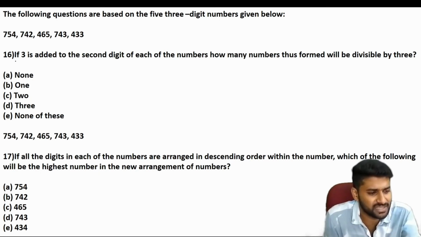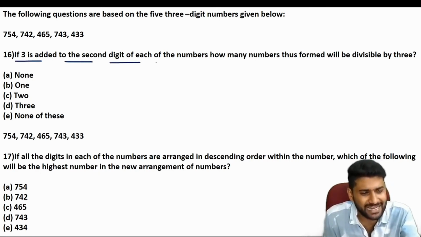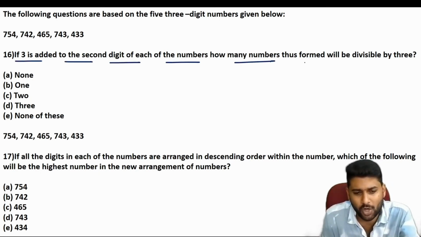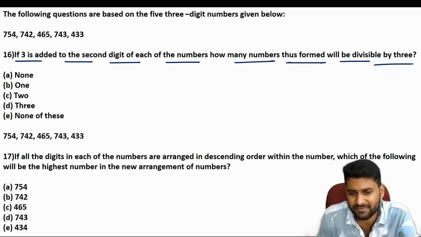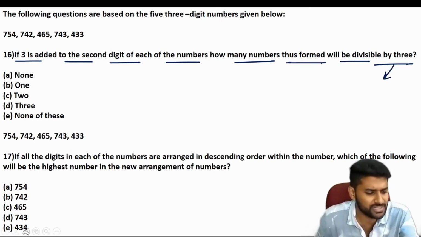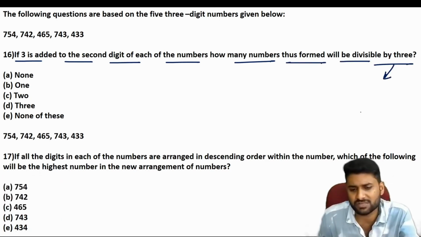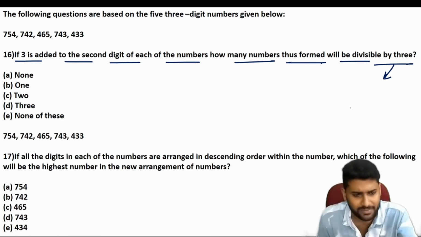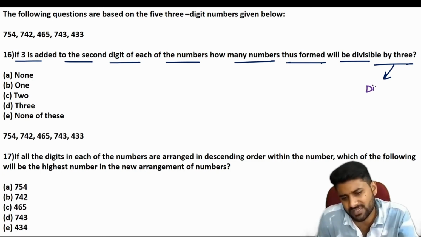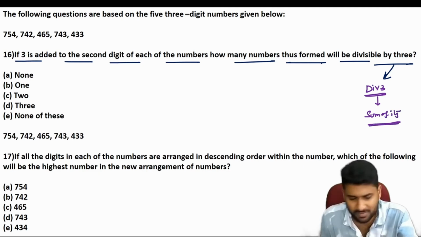The question says that if 3 is added to the second digit of each and every number, then how many numbers thus formed will be divisible by 3? So this question needs you to know the divisibility property of 3, then you can save your time in the calculation. So what is the divisibility property of 3? Sum of its digits. If the sum of its digits is divisible by 3, then the entire number is divisible by 3.